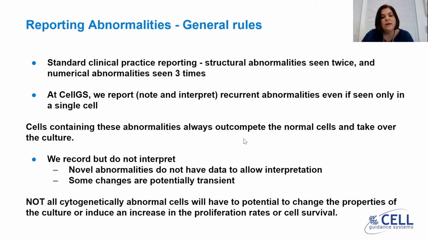Also, we recognize that some chromosome changes are potentially transient, and we would advise perhaps a follow-up karyotype of subsequent passages. It's really important to realize not all cytogenetically abnormal cells will have the potential to change the properties of a culture or induce an increase in the proliferation rates of cells or of cell survival.